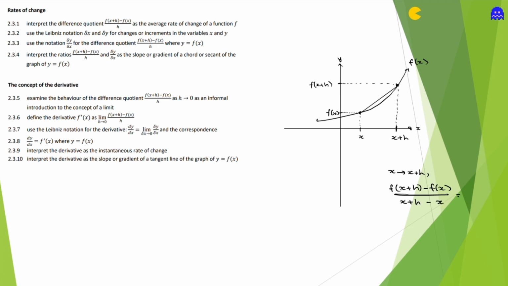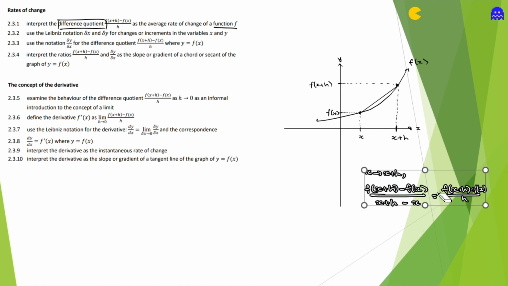And so that simplified will translate to f(x plus h) minus f(x) over h. And what this represents is the difference quotient, and it represents the average rate of change of the function f. And more specifically in this case, it is a representation of the rate of change of y with respect to x.